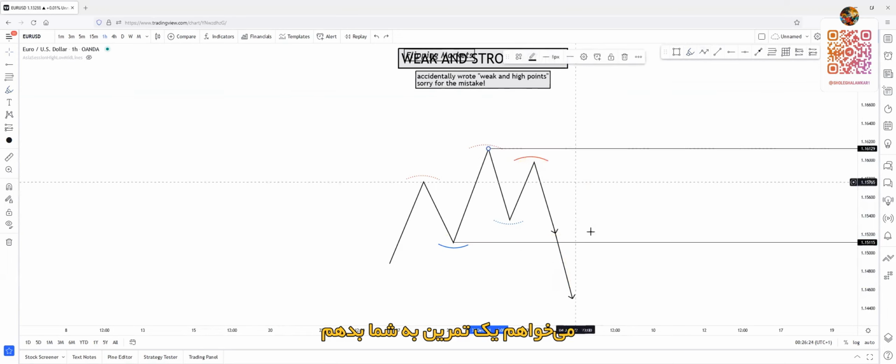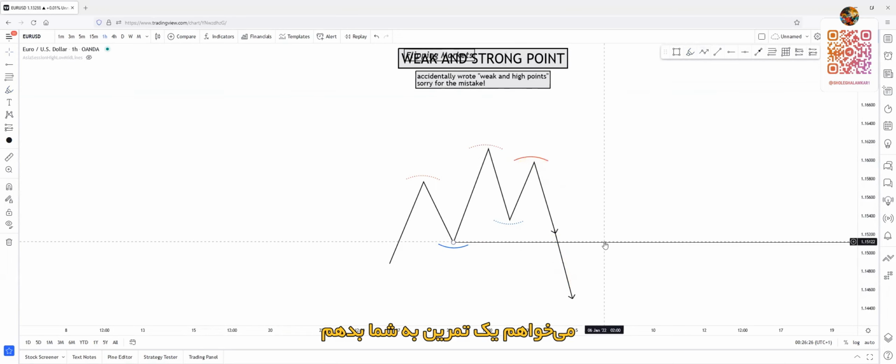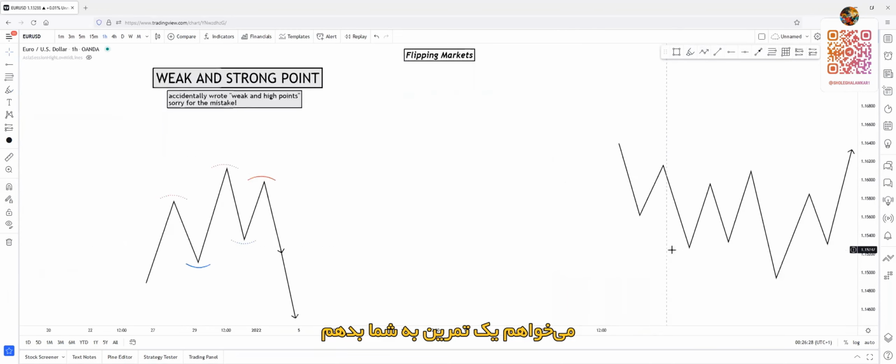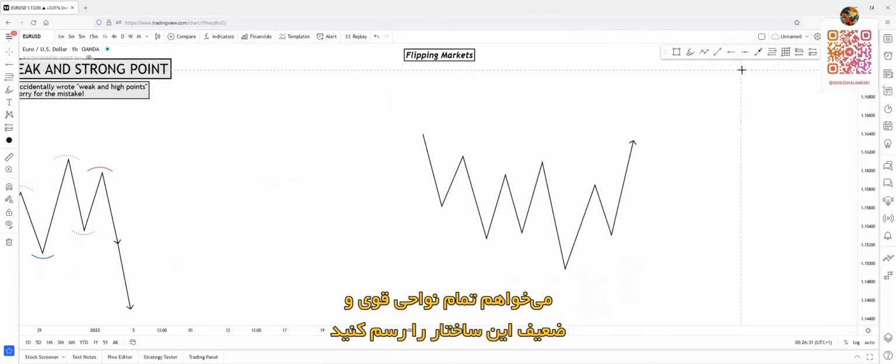Okay, I actually want to give you a task to complete. I want you to draw all of the strong and weak points on this structure.